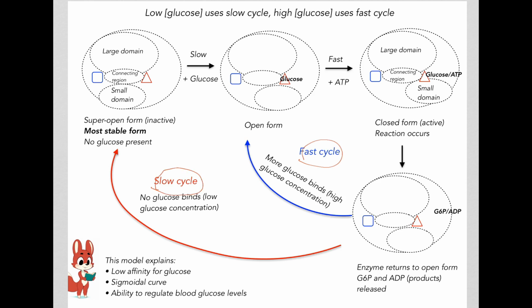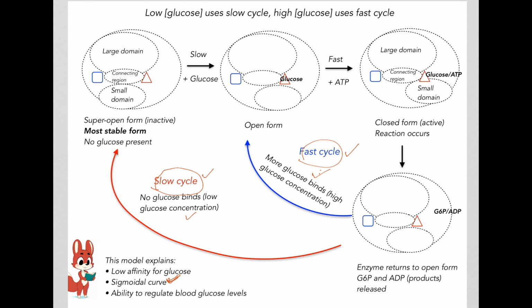So this enzyme therefore can follow the fast cycle or the slow cycle. In the presence of high concentrations of glucose, the fast cycle is followed. When glucose concentration is low, the slow cycle is followed. And this explains the sigmoidal curve. At low concentration, the activity is low, and then as the concentration rises and rises, the enzyme activity increases tremendously.